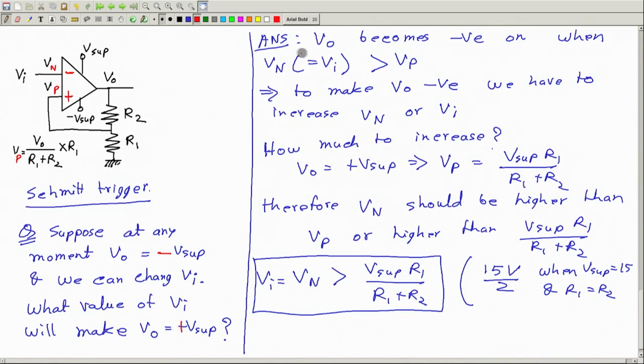Okay, so answer will be again similar. VO becomes positive only when Vn is less than Vp. So to make VO positive, we have to decrease Vn or Vi. Now how much to decrease?